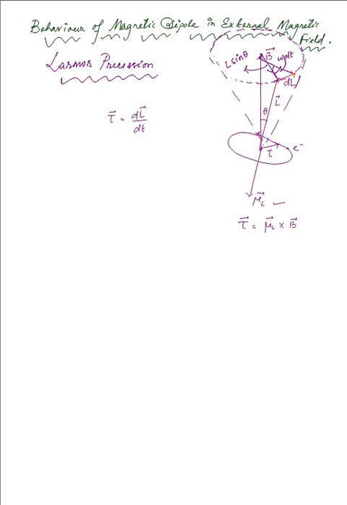So from the Larmor precession, we have omega dt, that is the angle, and from the geometry of it we have the angle equal to the arc length over the radius. Now the arc length in this case is dl, because that's the segment that it's going to cover. dl over the radius, in this case L sine theta.